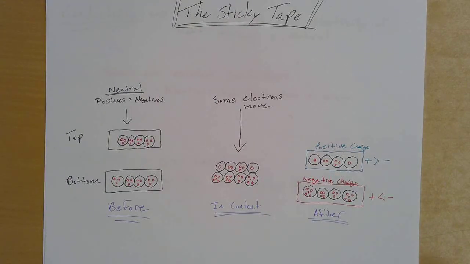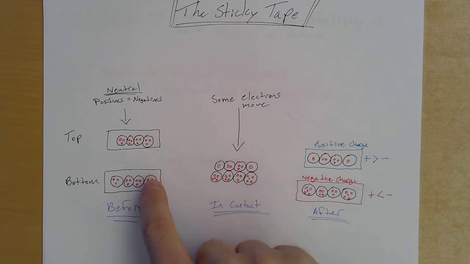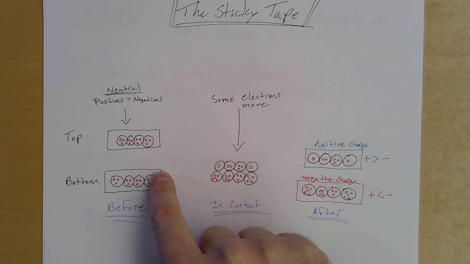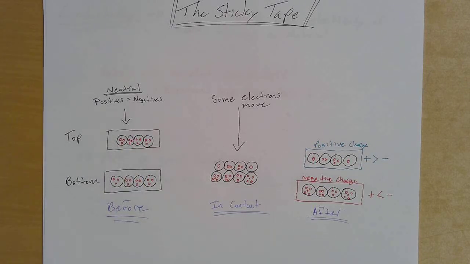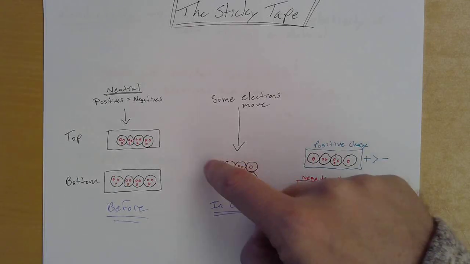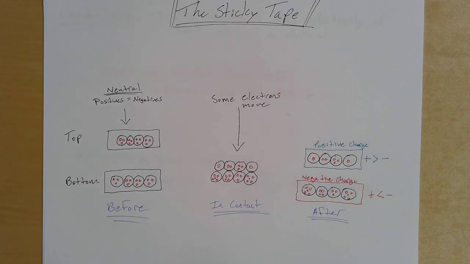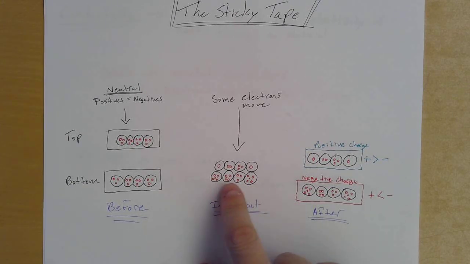When we think about the sticky tape lab, what we were doing was moving electrons. At first we had these 2 neutral pieces of tape, right? Each one of these is a positively charged body of +3, with our 3 negative chocolate chips, so we have something that's neutral. We move them together, and those electrons start moving a little bit, and some of them move over to the other side.